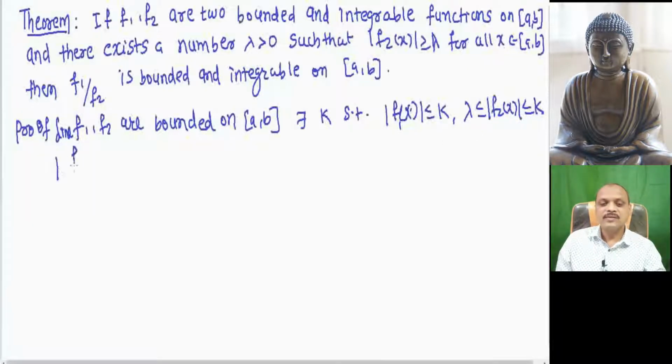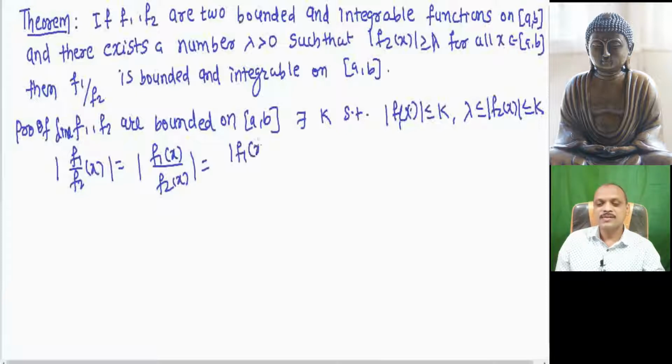Now f1 divided by f2 of x, by definition, is f1 of x divided by f2 of x, which is equal to the modulus of f1 of x divided by the modulus of f2 of x. Now friends, if we divide 10 by 5, we get 2. If we divide 10 by 2, we get 5.